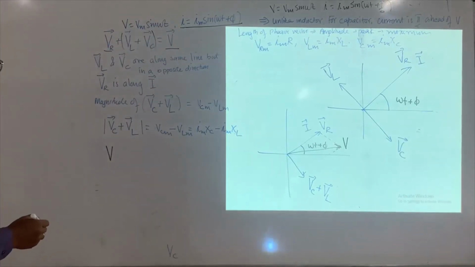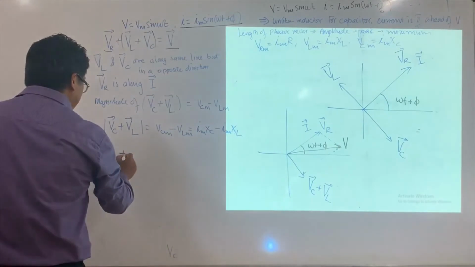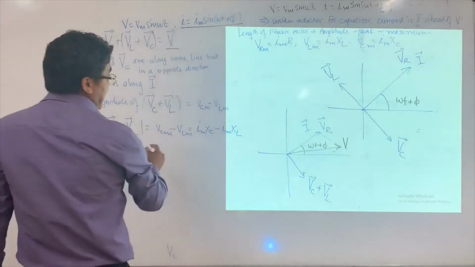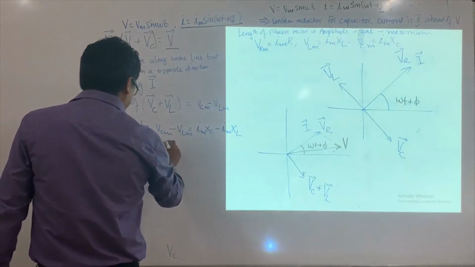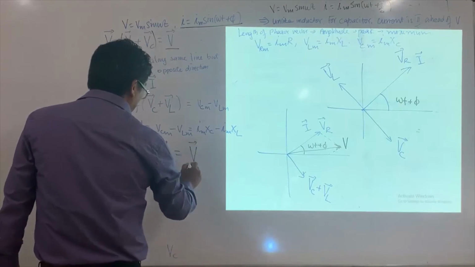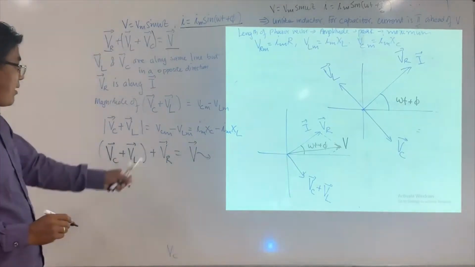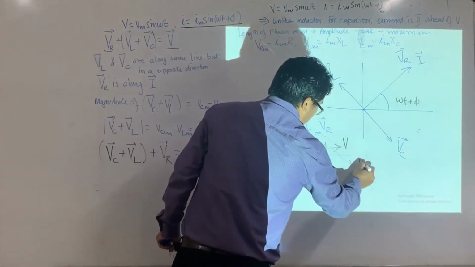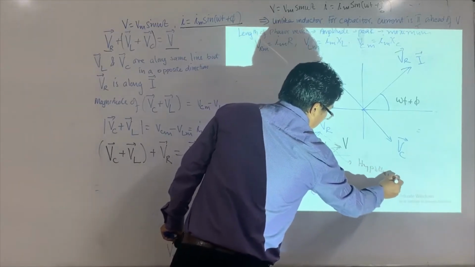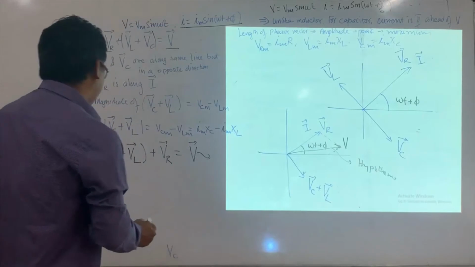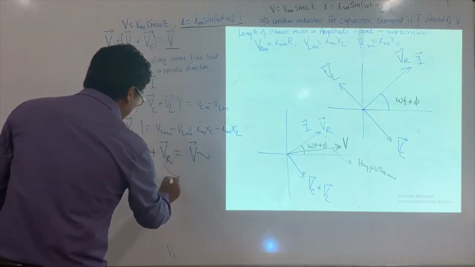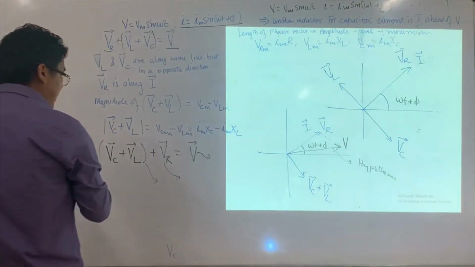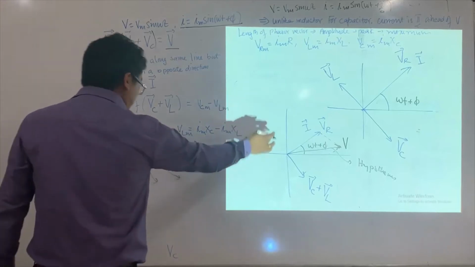And what is vector VC plus VL, plus VR gives you V. So the magnitude of V becomes the hypotenuse, and the magnitudes of these two become the lengths of the two sides.